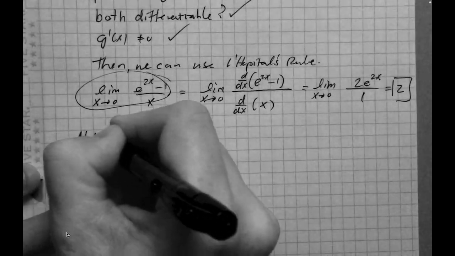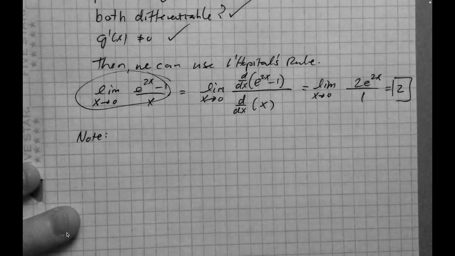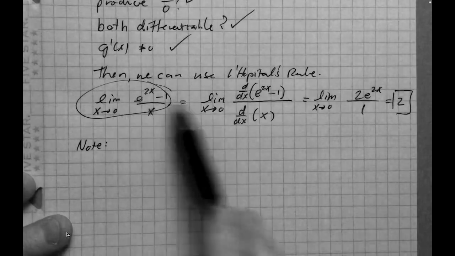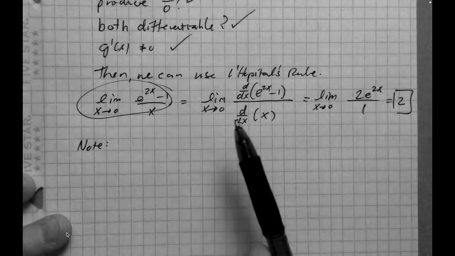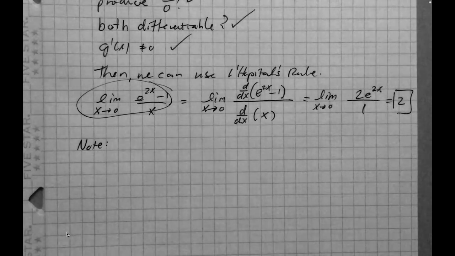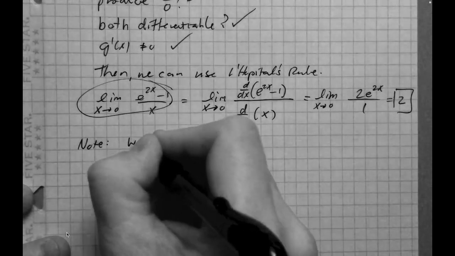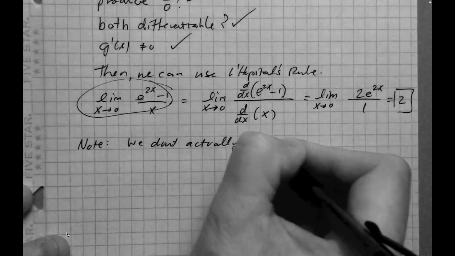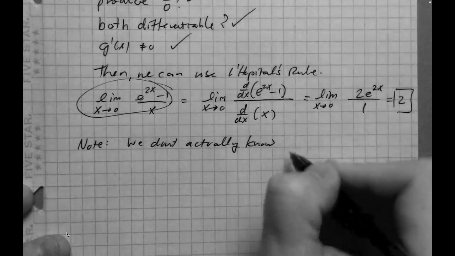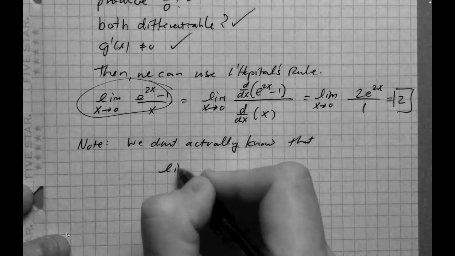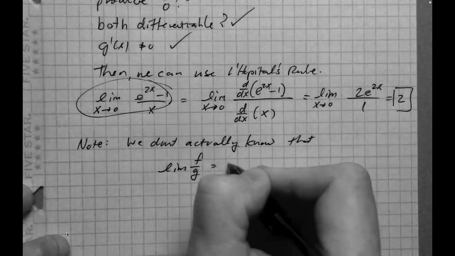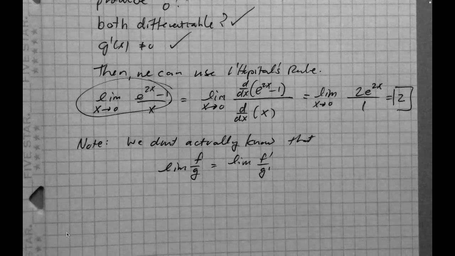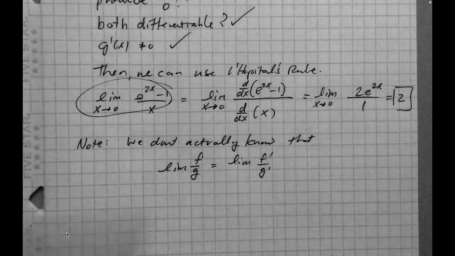First of all, notice that in this chain of reasoning here, we don't actually know that the limit of f over g is equal to the limit of f prime over g prime until we actually find this second limit, right?